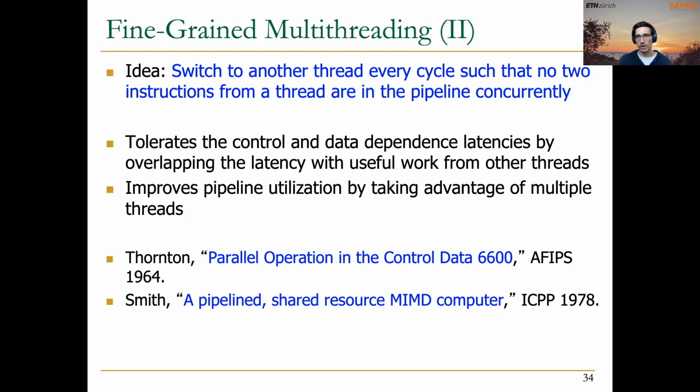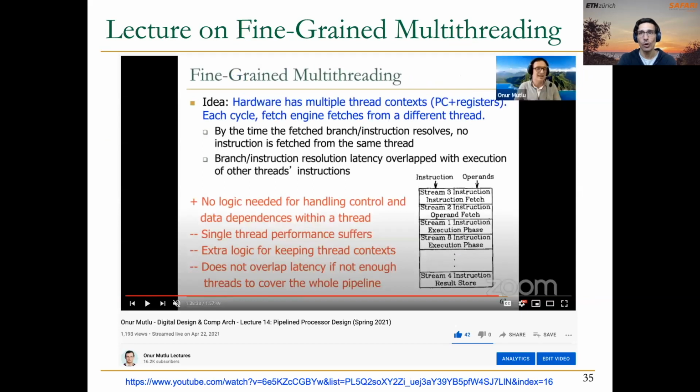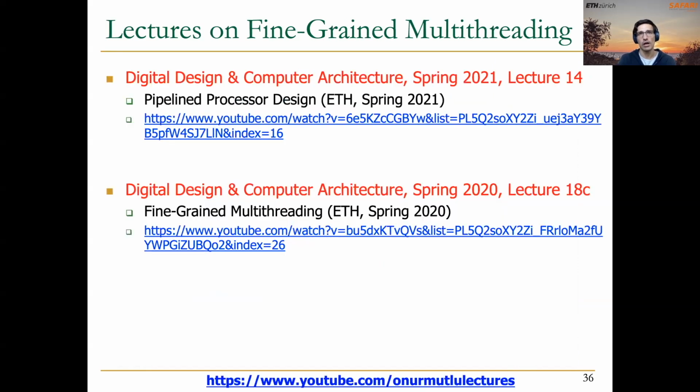This is a key technique inside the UPMEM DPUs, but it is also a key technique in GPUs, for example, to hide long-latency accesses to the memory. If you need a longer brush-up on fine-grained multi-threading, I can recommend this lecture from Professor Mutlu, and here you have a couple more links to other relevant lectures.